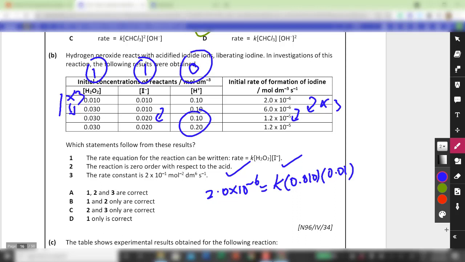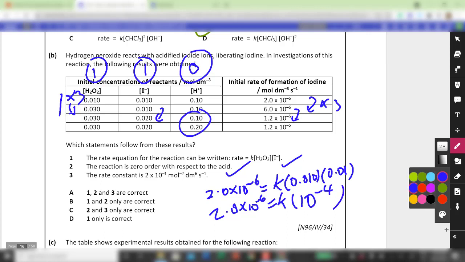And then H plus is to the power 0, so that's fine. So that's 2.0 times 10 to the power minus 6 equals K times 10 to the power minus 4. If I do a quick cancellation, you notice that the rate constant is actually 2.0 times 10 to the power minus 2 and not 2.0 times 10 to the power minus 1. So this is incorrect. So I'll choose option B.